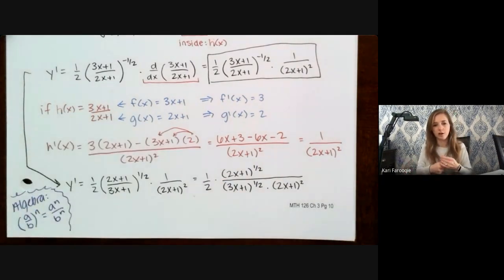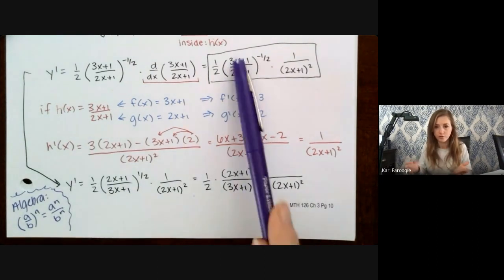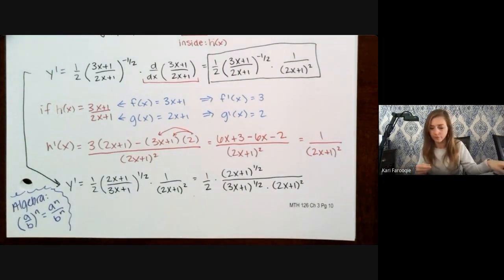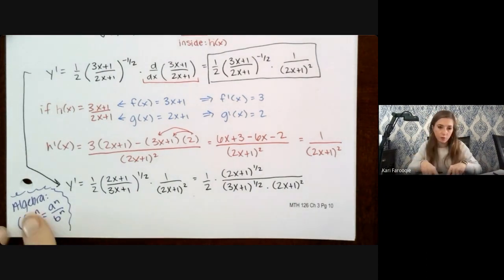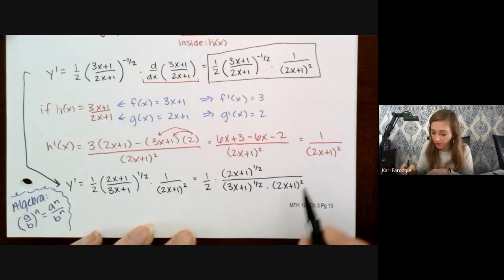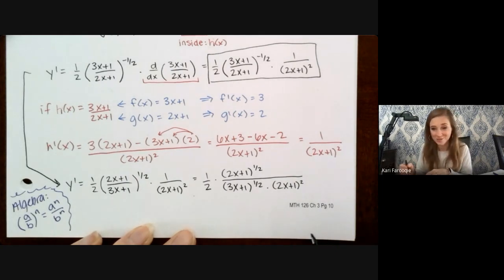And if we don't know our algebra, it makes calculus seem so much harder. I mean, we already found the derivative. We're just simplifying. Okay. So I can take the quotient to a power as the power of powers on the quotient. And now I can go ahead and simplify using another algebra rule.